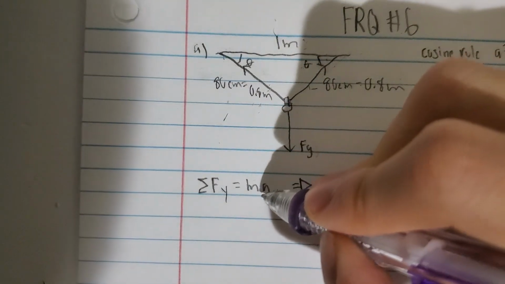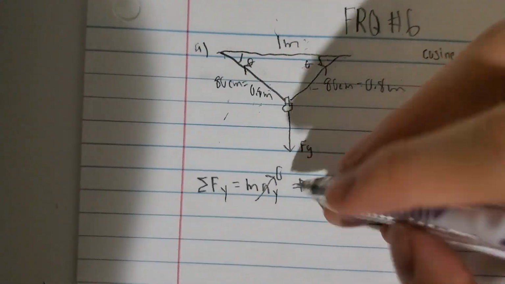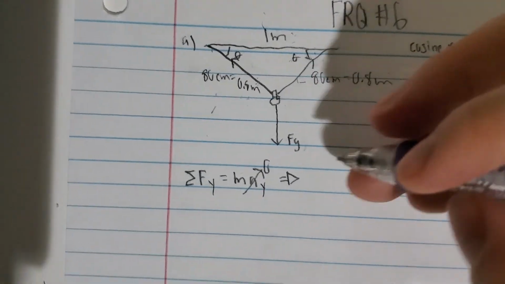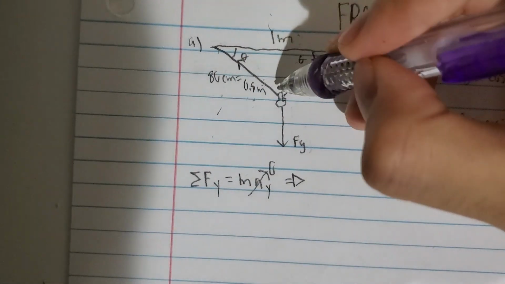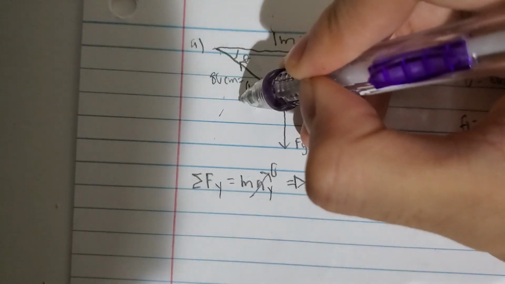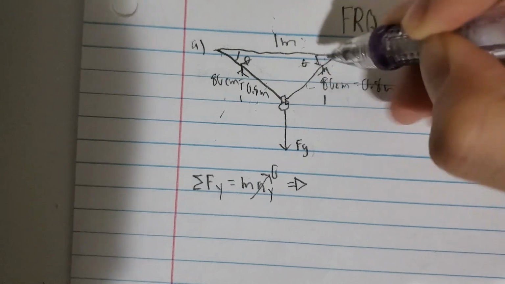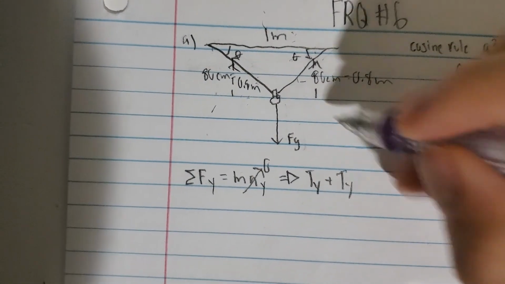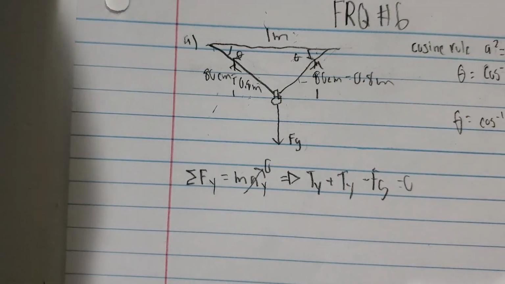Now I do not have acceleration in the y direction because this is stationary, so this term is going to cancel out. So what I'm going to have is two Ty's pointing up right here, Ty plus Ty, and then I have Fg opposing it, minus Fg, and that's going to equal 0.